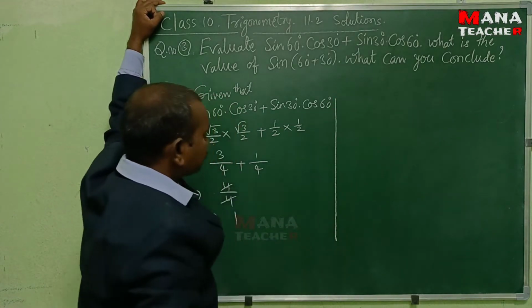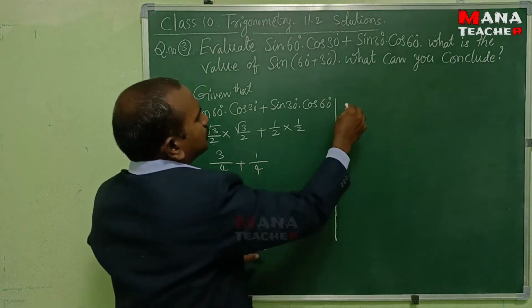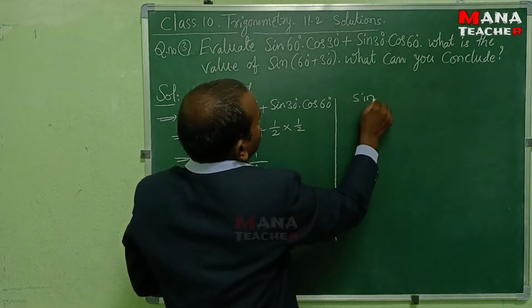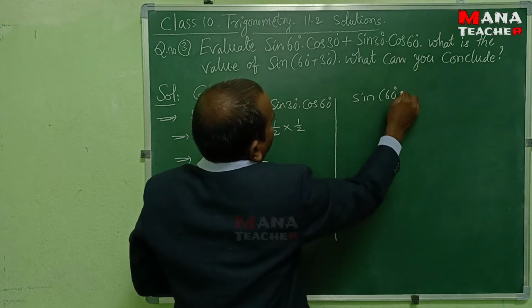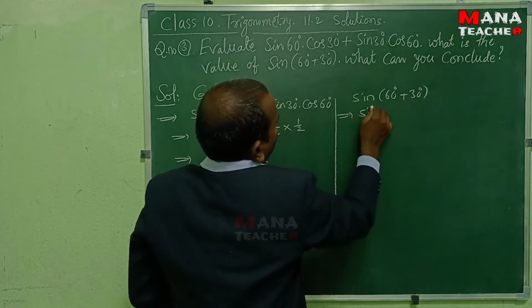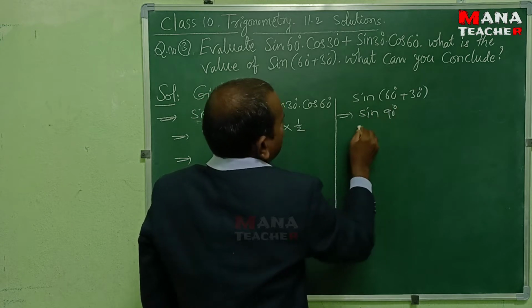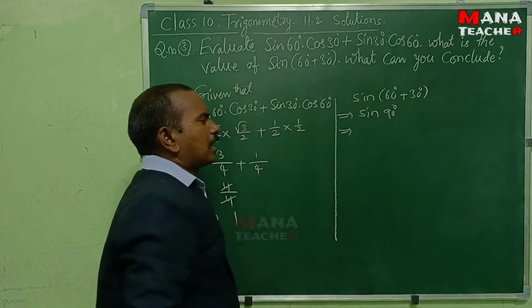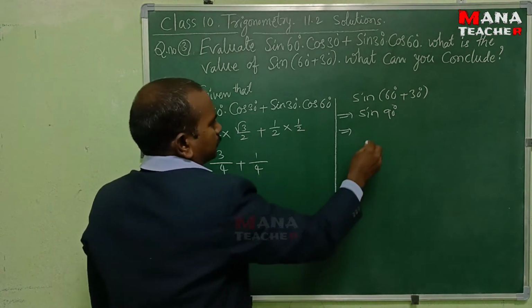Next, sin 60 degree plus 30 degree, that equals sin 90 degree. So what is the value of sin 90? 1.